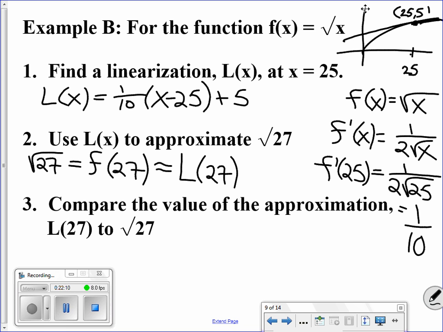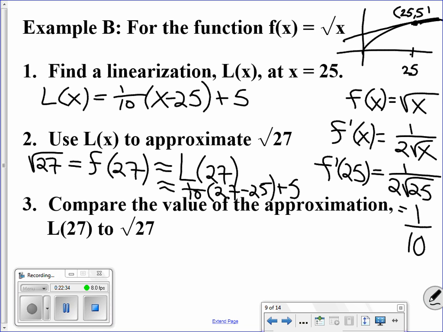So we're going to plug 27 into the tangent line equation instead of trying to figure out the square root of it. So it's going to be approximately equal to 1/10 times 27 minus 25.